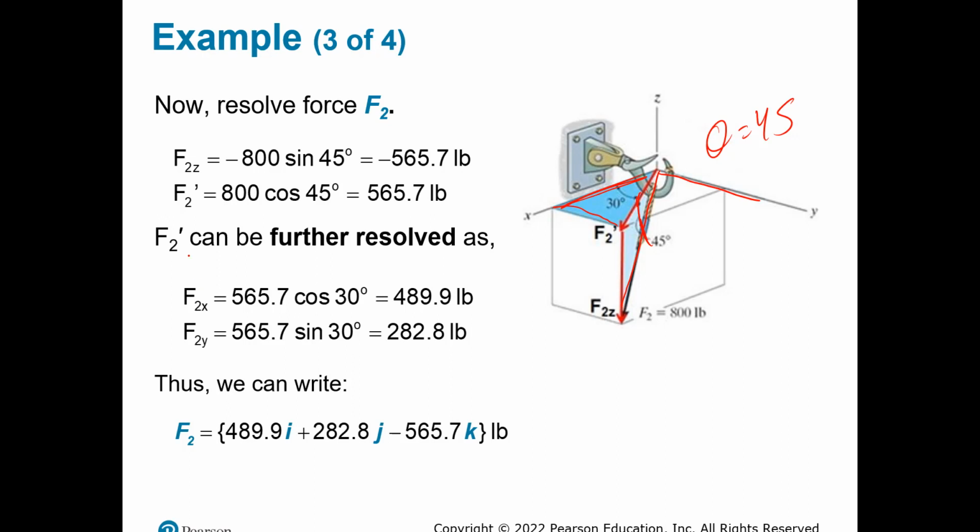So what I'm trying to tell you is that the initial vector that we had in here, F2 equal to 800, had components in x, y, and z, and this is the process that you do in order to get them all. So now we're getting F2 as this one right here: 489.9, 282.8, and minus 565.7.